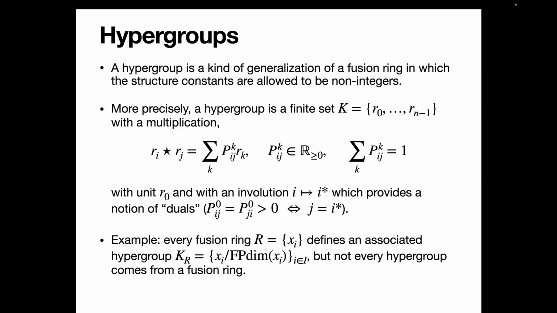They really are a generalization of fusion rings, because every fusion ring gives rise to an associated hypergroup by formally considering the elements of the fusion ring divided by their Frobenius-Perron dimension. Then they'll automatically have this stochastic normalization. Pseudo-unitary, yeah, sorry. I'm assuming pseudo-unitary throughout.